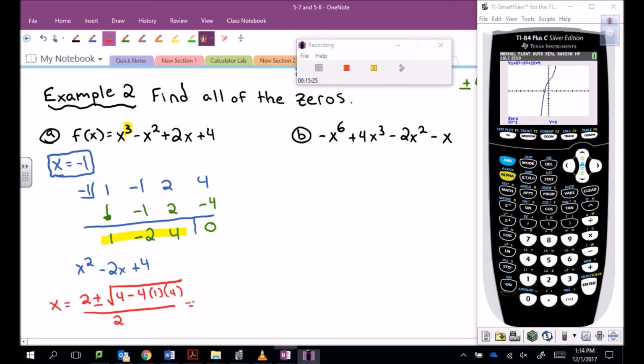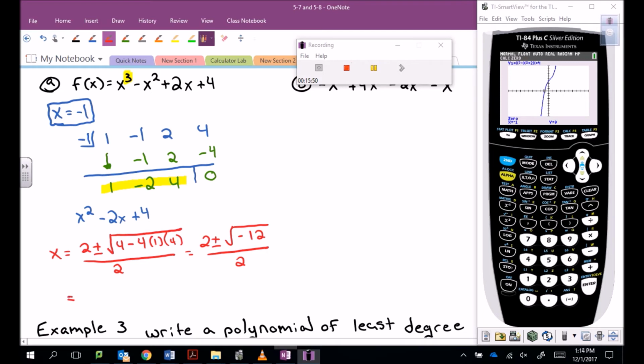Okay, so when I simplify that, I get 2 plus or minus the square root of -12 over 2. Now, I need to actually simplify the radicals here.